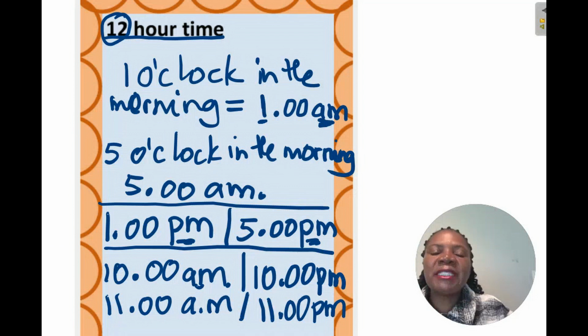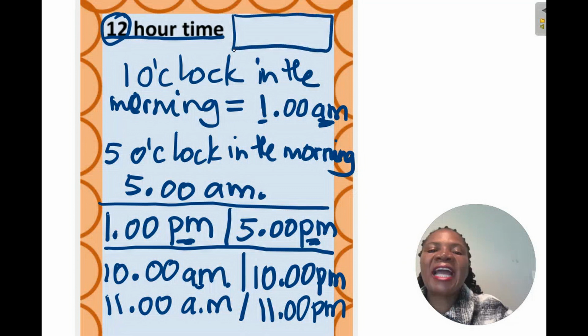I've just picked examples to clarify the 12-hour time. How is it shown even on the analog clock? It has to indicate whether it is in the morning or it is in the afternoon. Whether it is on a digital, some digital watches will indicate that it's p.m. or a.m. They have to indicate.